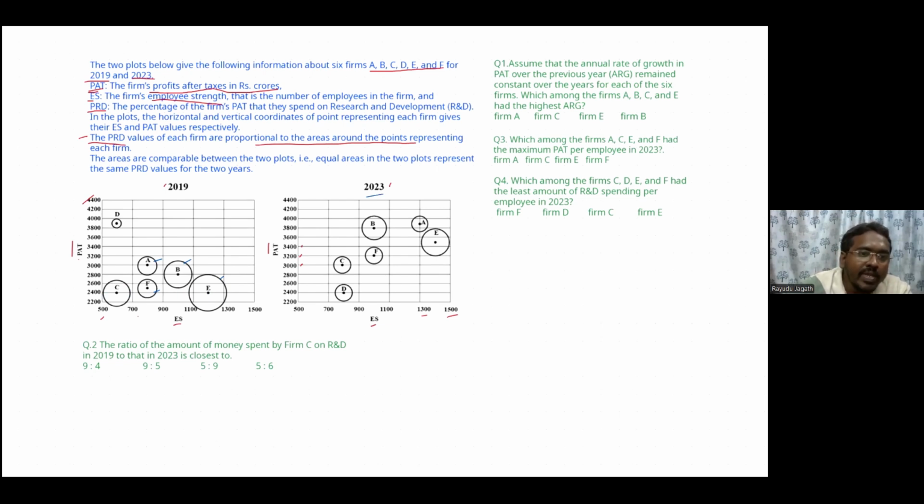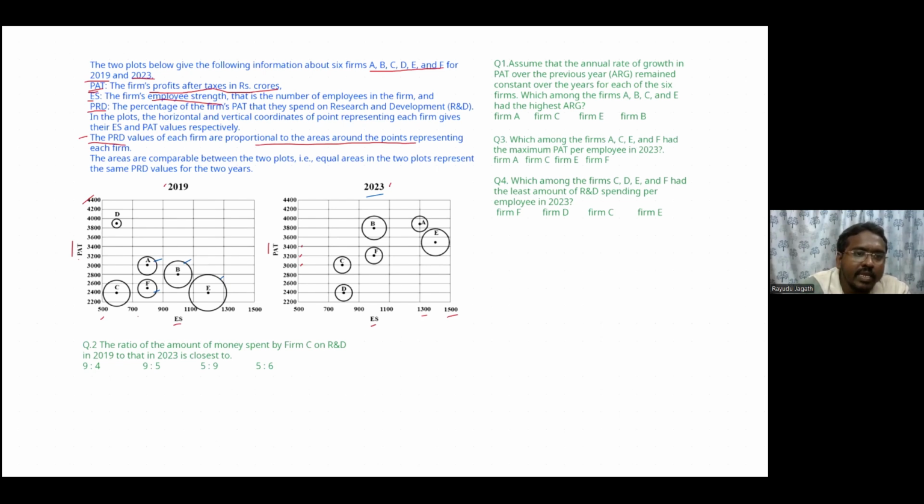C. C has around the point 3000 profit after taxes, 3000 crores. Around that point, area is nothing but pi r square, or pi d square by 4.